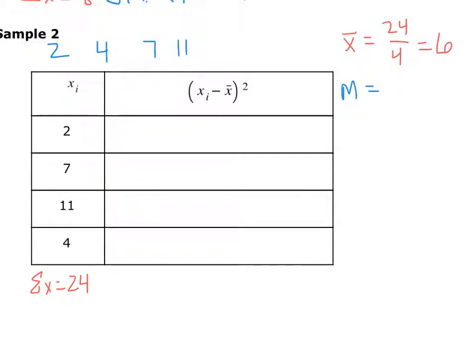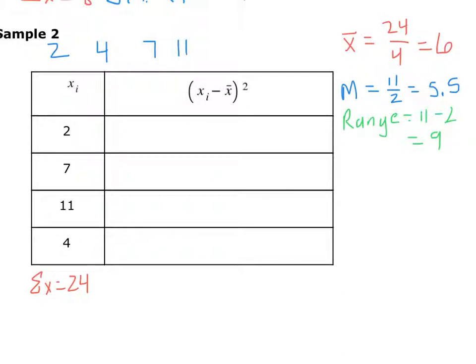So we add the 4 and the 7, we get 11, divide that by 2, we get 5.5 for our median value. Next measure we want to look at is the range. It's the distance between the min and the max, so 11 minus 2, so we get a range of 9.